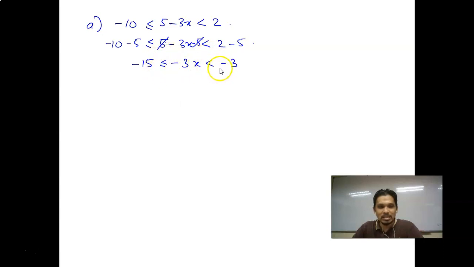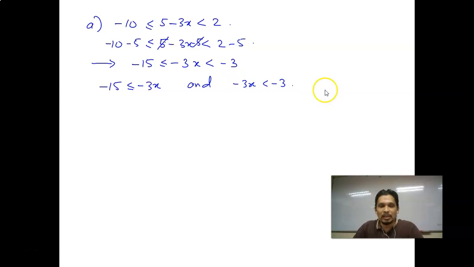In this case, I'm not suggesting you change the signs and remain in this form, because if you change this and this, the meaning will not be appropriate. So I'm going to separate this now: negative 15 less than or equal to negative 3x, and negative 3x less than negative 3.